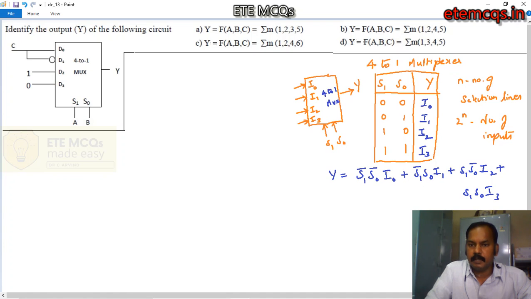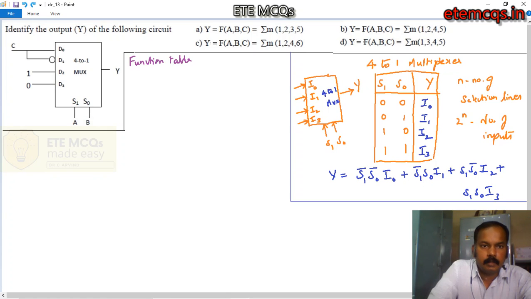Now let us make use of the concept that is understood here and apply it to the given problem, and try to find the function which corresponds to the output Y. To solve the problem, let us start with the function table of the given combinational circuit implemented using the 4 to 1 multiplexer.